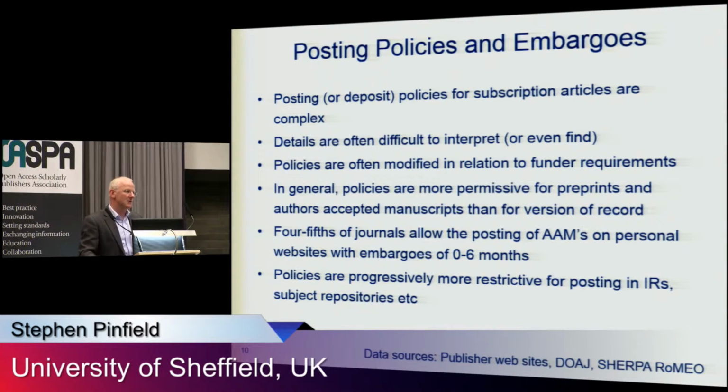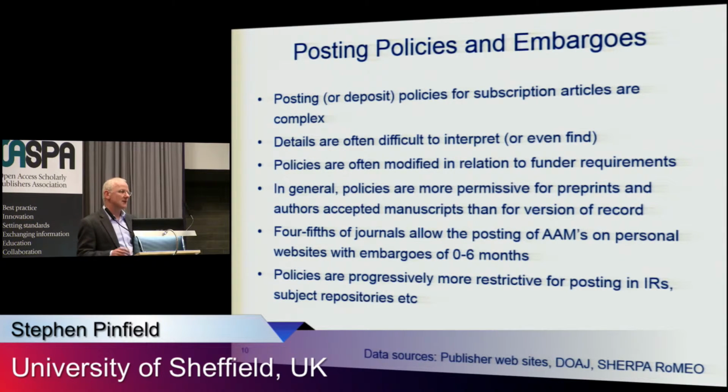We saw evidence that policies were being modified in relation to funder requirements. So there were different policies for different circumstances depending on the funder, for example. And generally, as you'd expect, policies were more permissive for preprints and then progressively less permissive as you go towards the version of record, the actual publisher-produced PDF or whatever other format it happened to be.